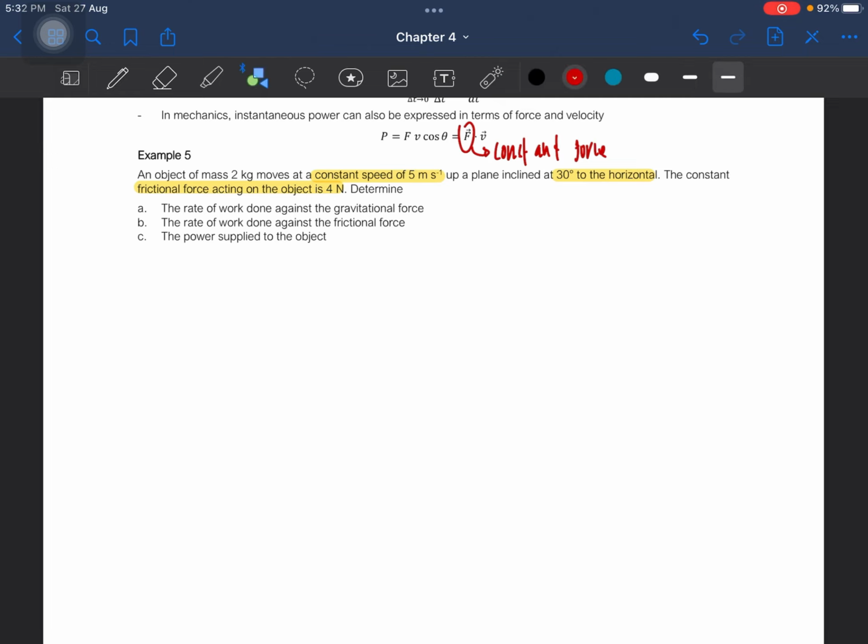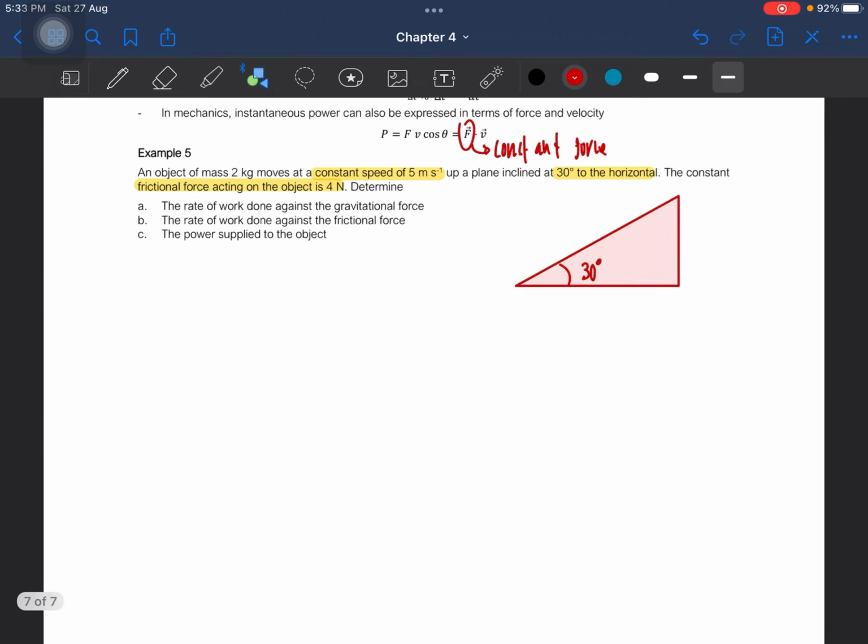Okay, so let's try to draw this. Incline at an angle of 30 degree. Then, it is moving at a constant speed, just going up here.